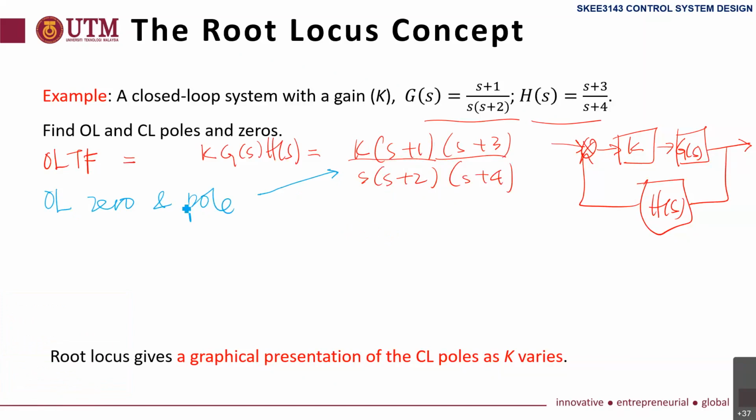We can solve for the open loop poles and zeros. The open loop zeros are S equal to -1 and -3, which means we solve the numerator. The open loop poles are S equal to 0, -2, -4, from the denominator.